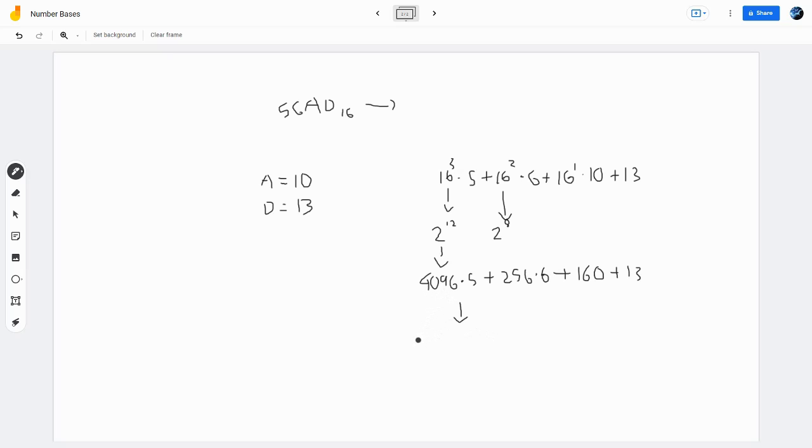You know that 4096 is just equal to 4100 minus 4, right? Times 5. So all you have to do is calculate 5 times 4100 minus 20. And of course, this is going to be 20500 minus 20, right? So this is going to equal 20480, right?